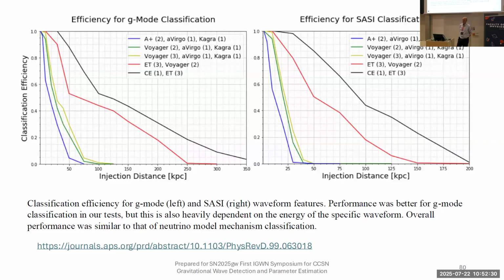We already do this in LIGO by looking for binary black holes with unmodeled algorithms, and just realizing that there is a very specific structure of signal without even looking at the template. You just look at one parameter, basically how frequency is evolving with time. It removes a huge number of glitches, right?